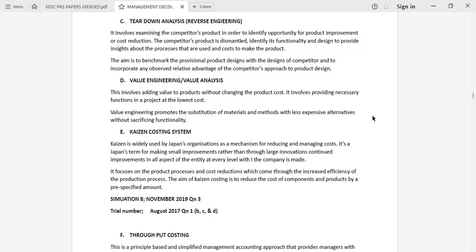By dismantling the competitor's product to see all the ingredients that make up that product, we can look at everything, even the branding part. We see whether it is because of the branding, the packaging and all that, that is making the competitor's product perform better than ours.